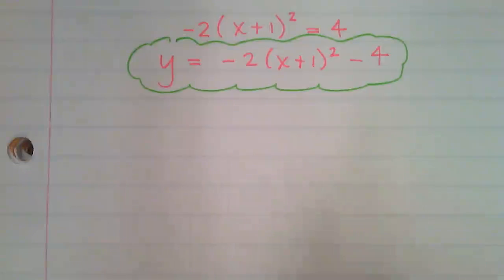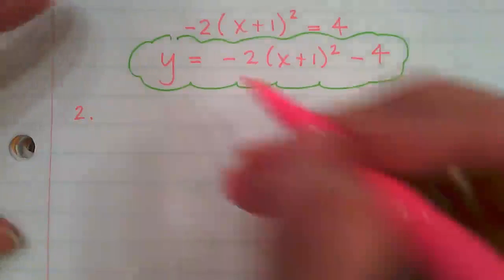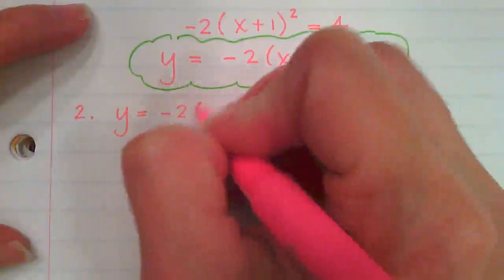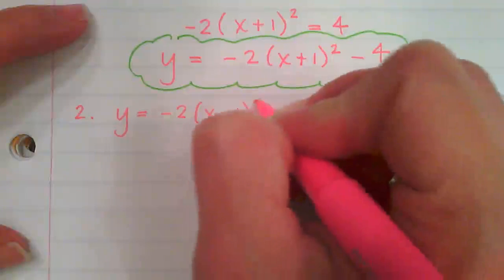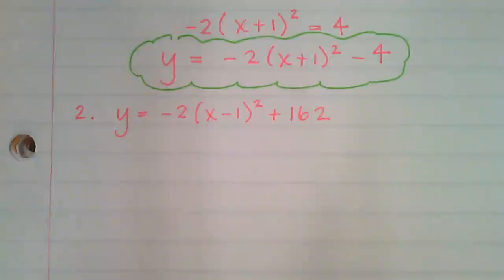All right, number 2. So this time we're doing intercept form. So in order to get intercept form, that means that we want factored form. Well, in order to factor this, we have to first get standard form.